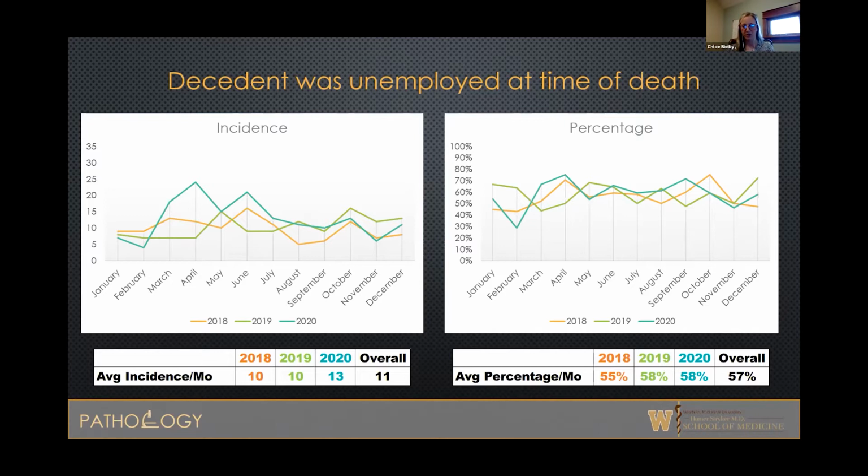There was a study that showed that those who were in more economically disadvantaged zip codes, which they indicated by unemployment and lower education, were more at risk for opioid overdoses. But then when we look at the percentage graph, it's about the same as seen with previous years, where over 50% of decedents are typically unemployed at the time of their fatal overdose.